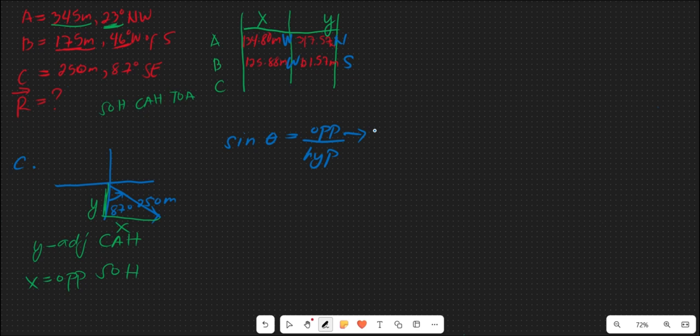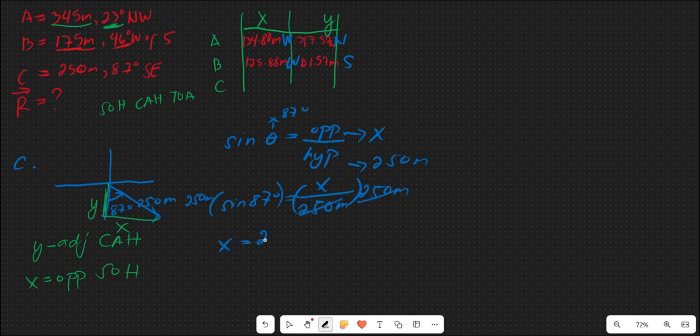The opposite here is our x component, the hypotenuse is 250 meters, and the given theta is 87 degrees. Rewriting the equation, we have sine 87 degrees is equal to x over 250 meters. Multiplying 250 meters to both sides, we cancel out the 250 on the right side.